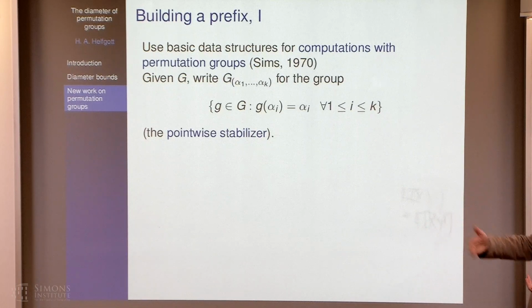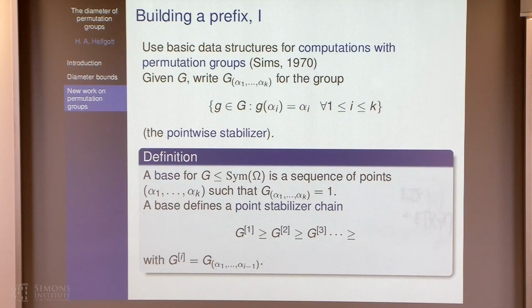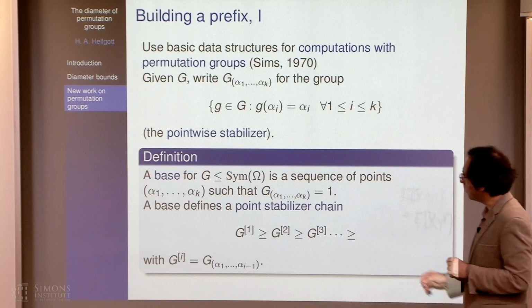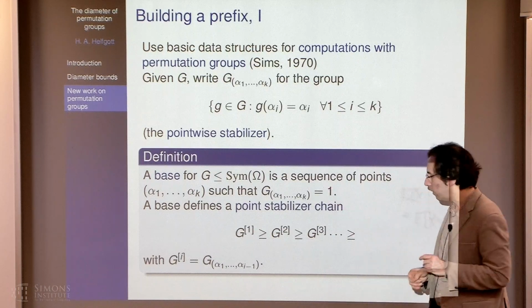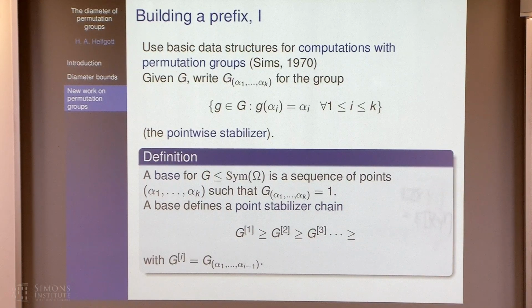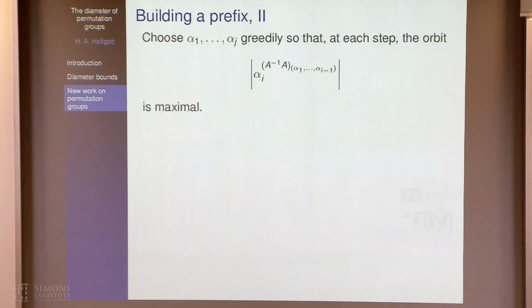All right, so you construct this sort of chain of stabilizers, right? Well, people in computations are especially interested in point-wise stabilizers that are trivial, and we're interested in that too. But how do we build that chain? So let us build it greedily, so that the orbit is maximal at each step.